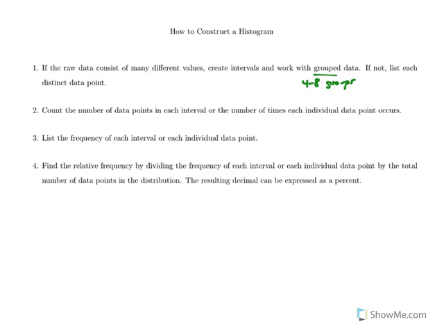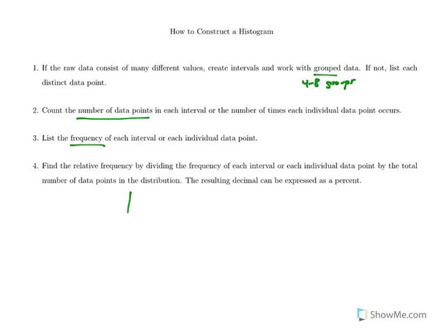Then we count the number of data points in each interval, or the number of each individual data point. And we list the frequency of each. That's kind of doing the same thing. The number of data points is the frequency here. Then we find the relative frequency by dividing the number by the total number of data points. And the resulting decimal can be expressed as a percent. And then we create our histogram from that using our boxes and using our relative frequencies.